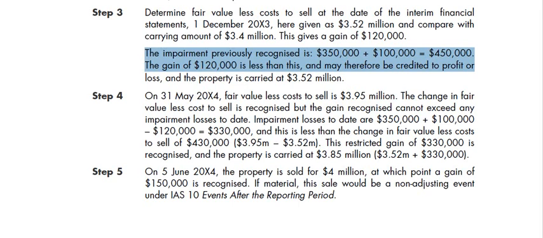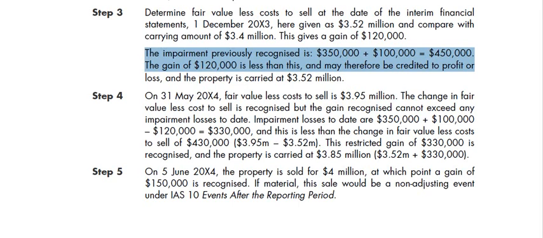How much impairment is still outstanding? Initially the impairment was 450.